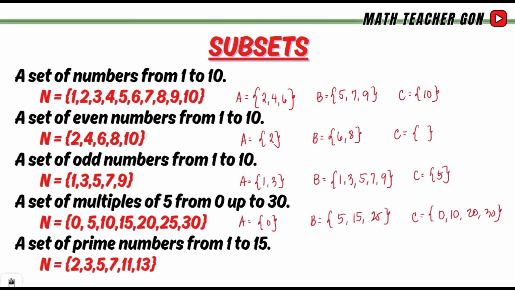And then lastly, you have the set of prime numbers from 1 to 15. Let's have set A: 2, 3. Set B, for example, 11 and 13. And set C: 2, 3, 5, 7. Again, these are all subsets of the last set.